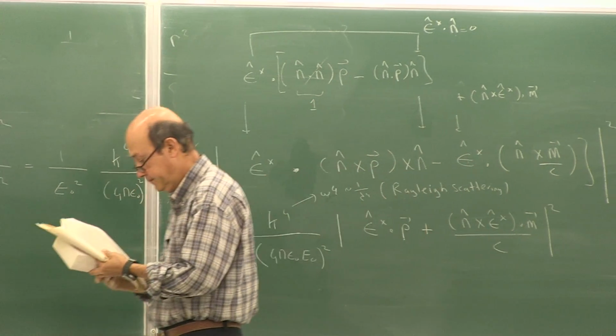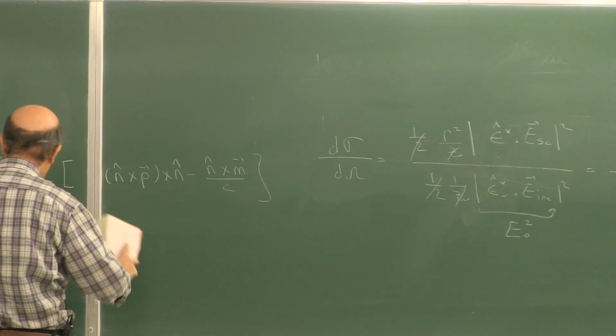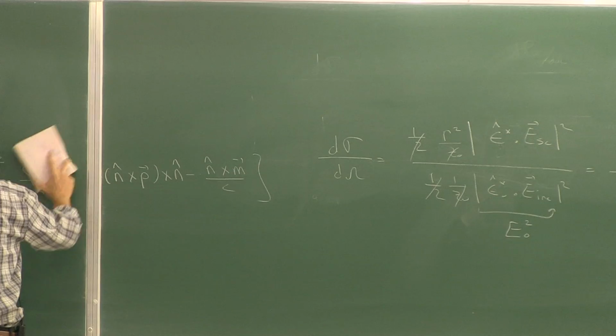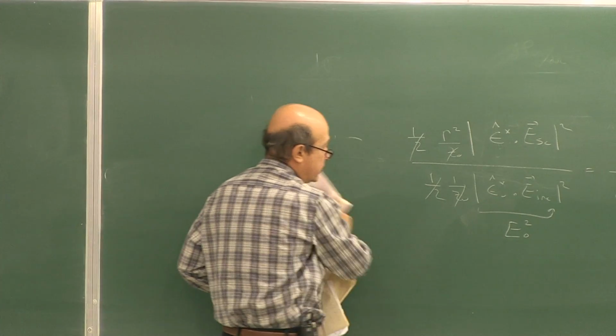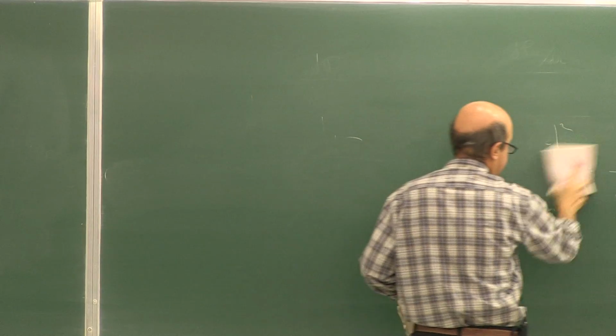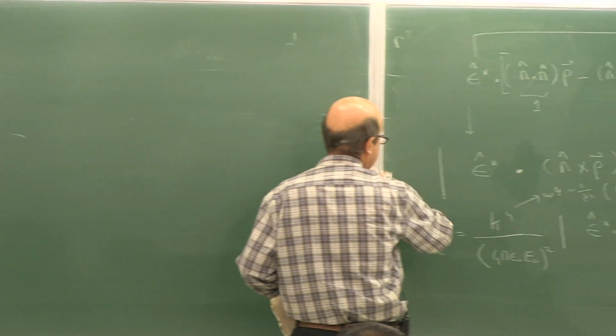Now let us do examples. We have the formula for the scattering cross-section per solid angle, and let us study the scattering cross-section per solid angle for a dielectric sphere.